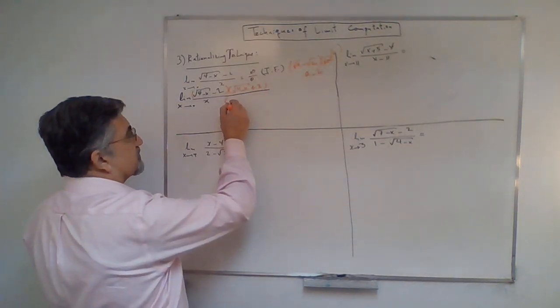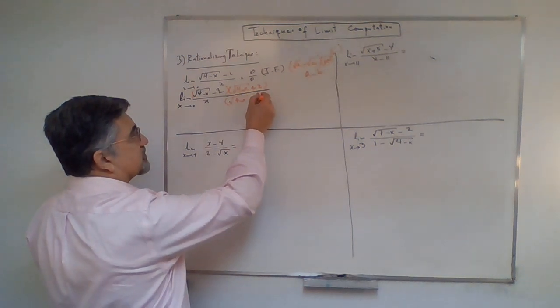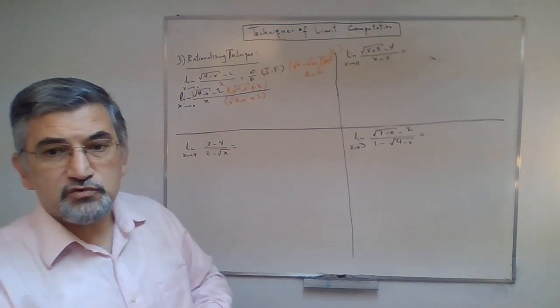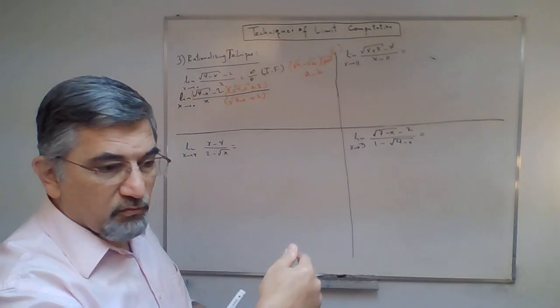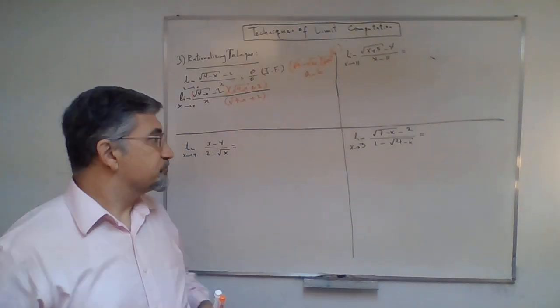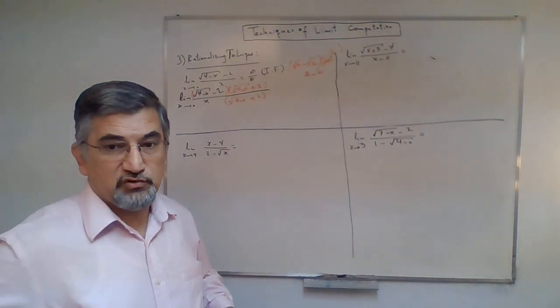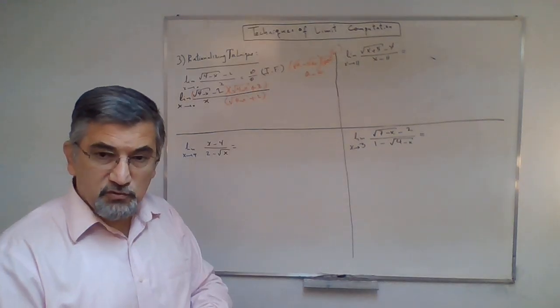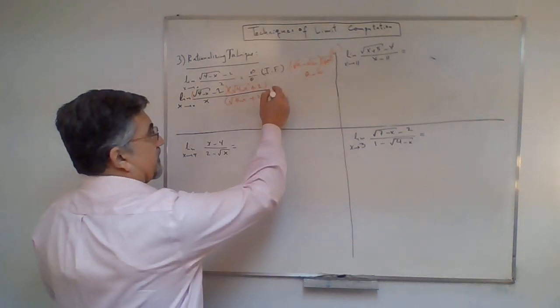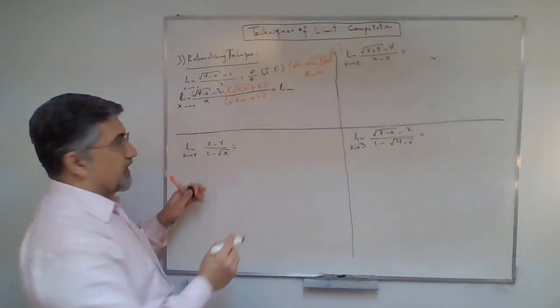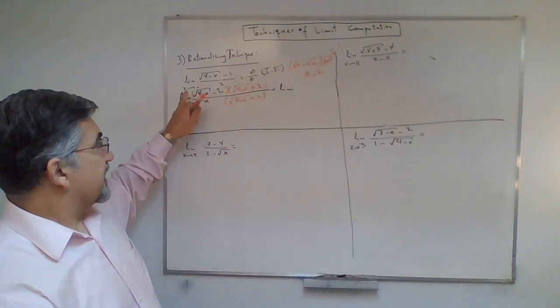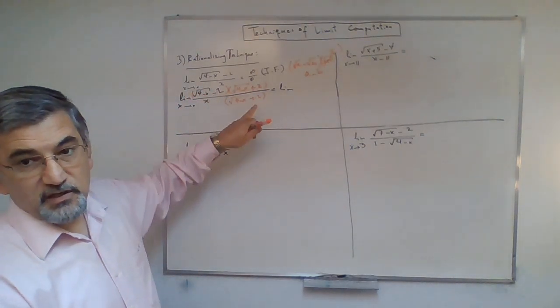So we have square root of 4 minus x plus 2. The same expression that you multiply the top by, you multiply the denominator by. This way, we have not actually changed the problem, which we're not supposed to.